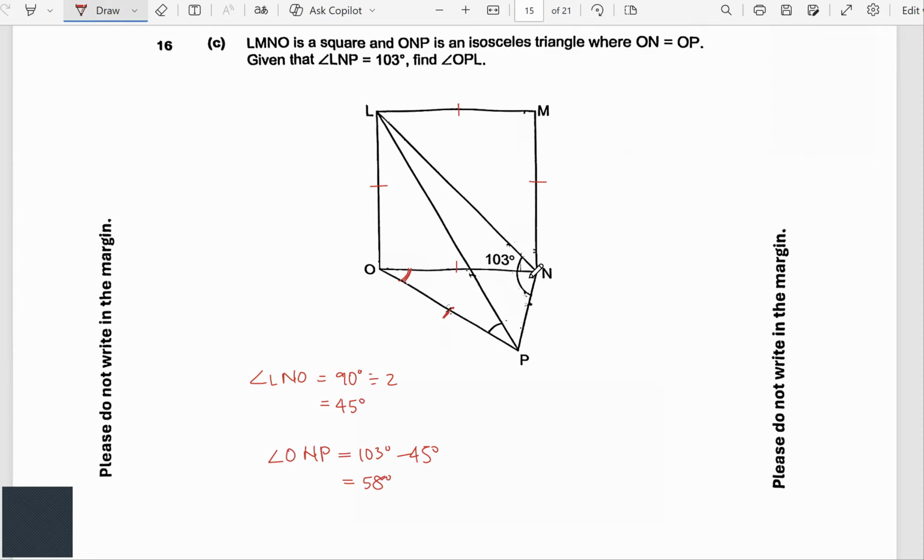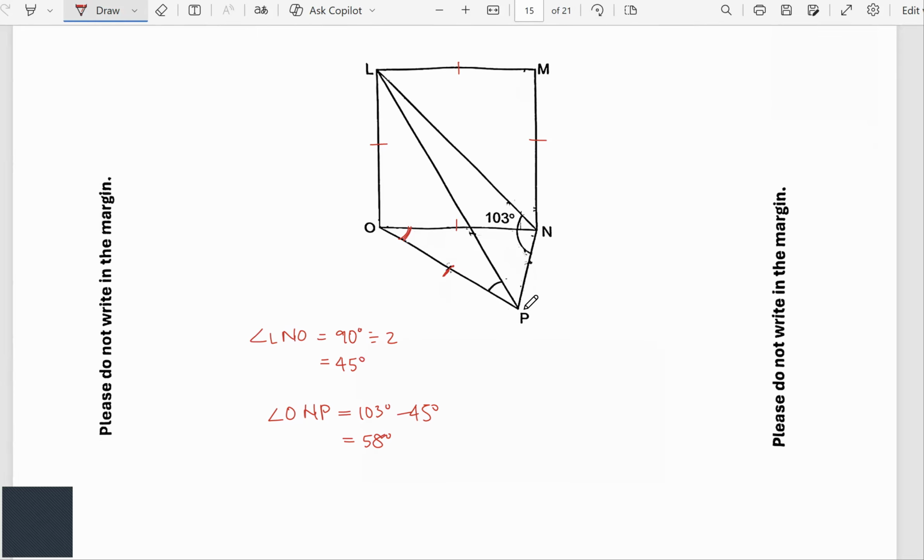Then if you want to find PON here, this is isosceles. So in the isosceles triangle, you got the base angle 58 already. Okay, so 58 here, 58 here. So PON equals 180 minus 58 minus 58, 64 degrees.